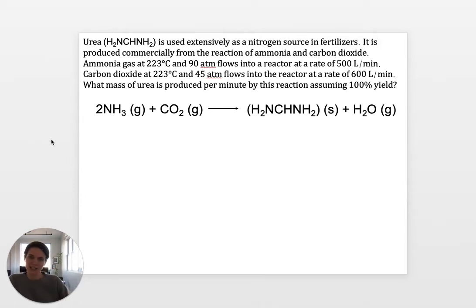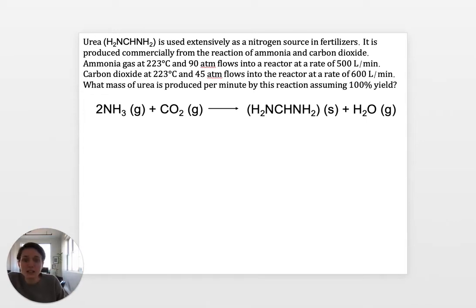So that's like a classic "I'm gonna puke, I'm a student, I hate this question." But the exact same problem solving strategies that we've been using this entire semester are going to apply here.